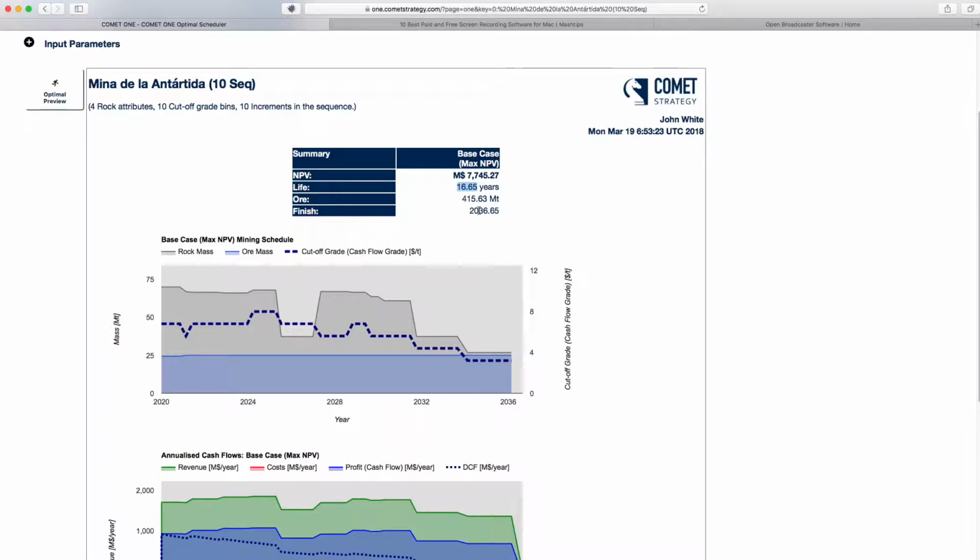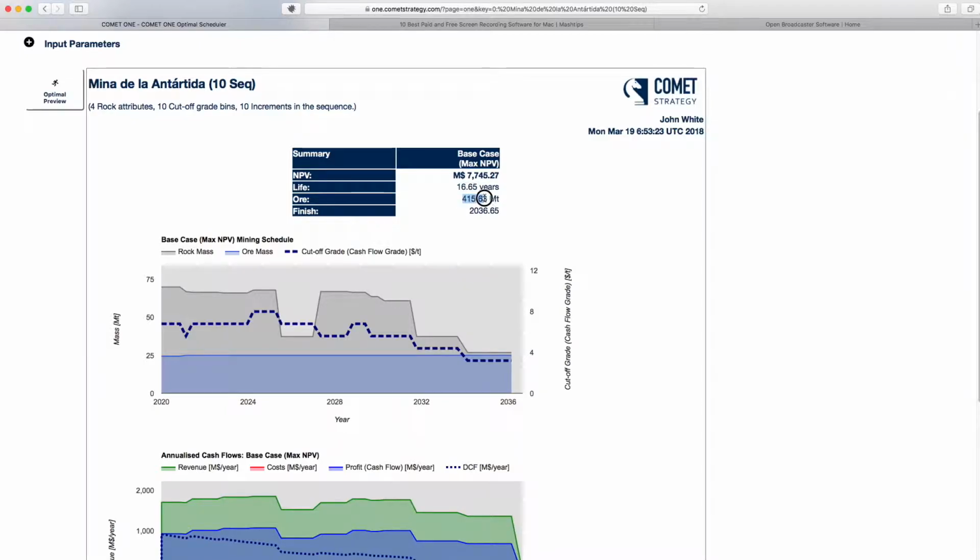So if a constraint changes, like if you increase the capacity for your processing or your mining, your mine life will normally go down. If you increase the prices, often the mine life will go up. So you can get a feel for what's happening inside the schedule by looking at the mine life. It's quite a neat little metric to see what's happening.